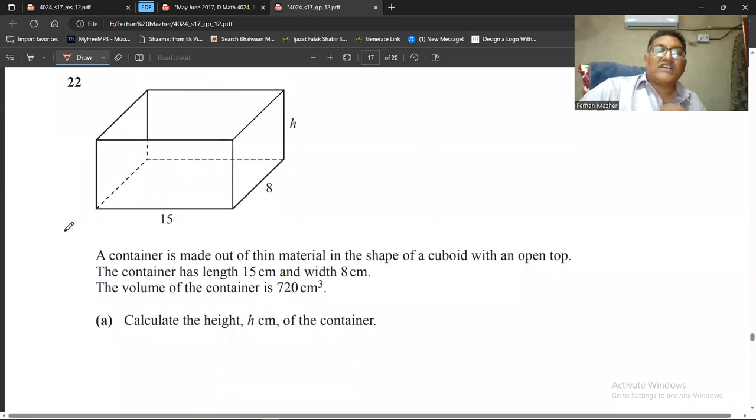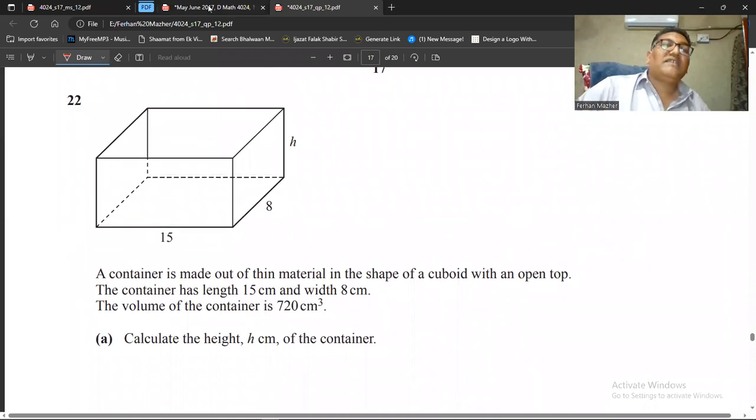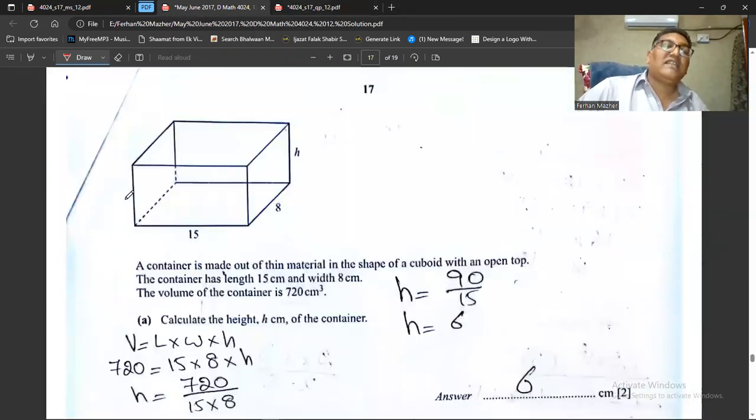Question number 22. The container is made out of thin material in the shape of a cuboid with an open top. The container has a length of 15 centimeters and width of 8 centimeters. The volume of the container is 720 centimeter cube. Calculate the height h of the container. It is a 2 marks question. Okay, so very simple. We know the volume, we know the length and width.